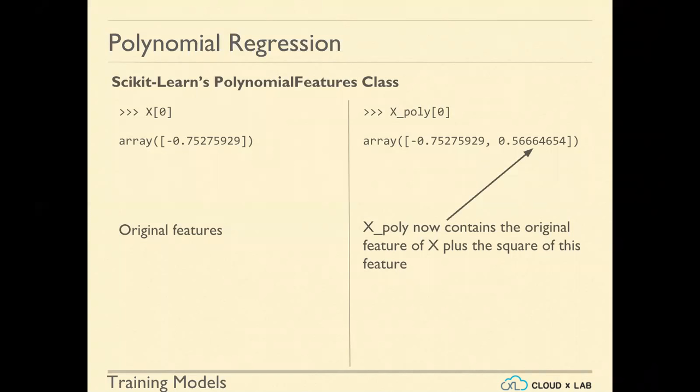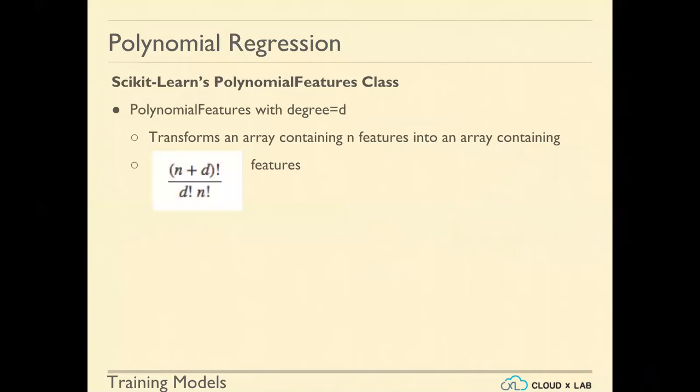Then you can simply fit the linear regression. So polynomial regression is essentially linear regression, just with more dimensions. Okay, so that's how we solved the higher degree polynomial models using the same linear regression.